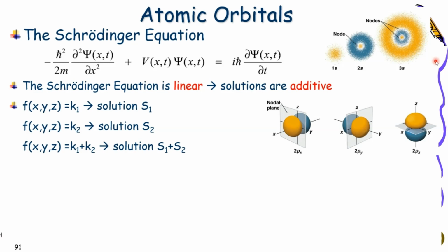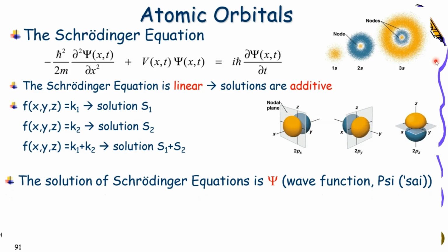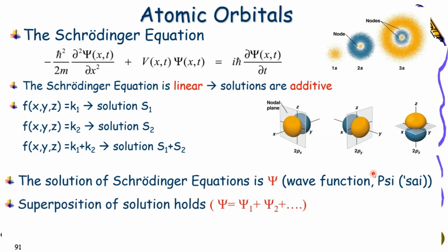When you learn mathematics, this is important concept, right? So the solution of the Schrödinger equation is chi. So this is what we call wave function. So wave function, the superposition of the solution holds. So this can be chi1, chi2, chi3, chi4.